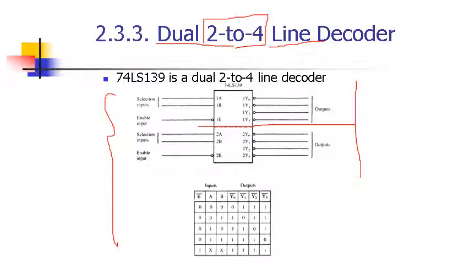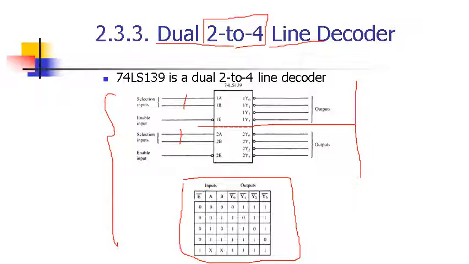Here are the two selection inputs of the first line decoder, and here are the two selection inputs for the second line decoder. And this is the truth table showing the operation of this dual 2 to 4 line decoder.